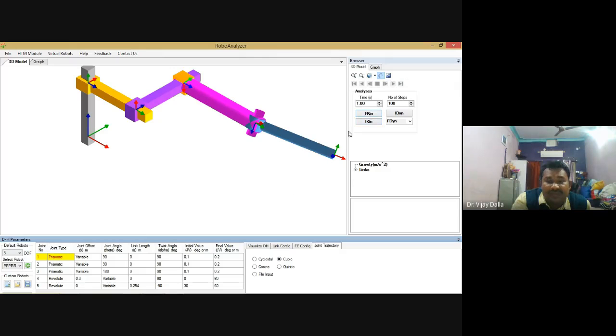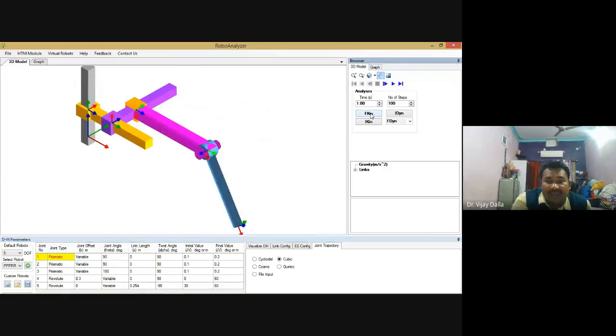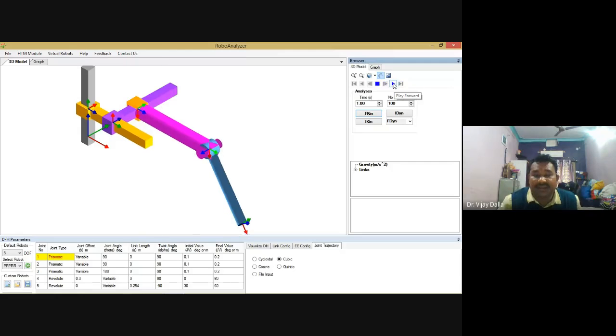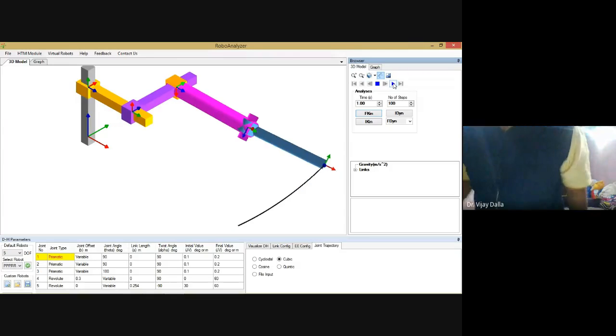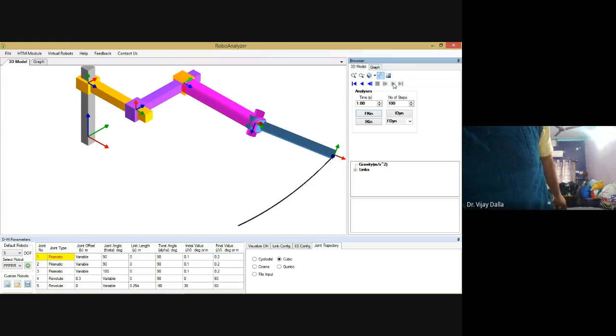So suppose we have given cubic here, and the forward motion comes to the initial position, and now we are going to analyze forward kinematics and then play it. Now see the motion, and the trajectory type is cubic.